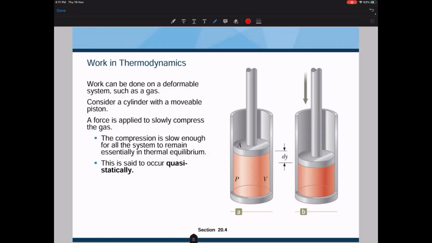The piston is not moving because the force from the outside is equal to the force from the inside. It is not moving according to Newton's first law. There is no net force acting on it. Now, it is not saying that there is no force acting on it. I am saying no net force.